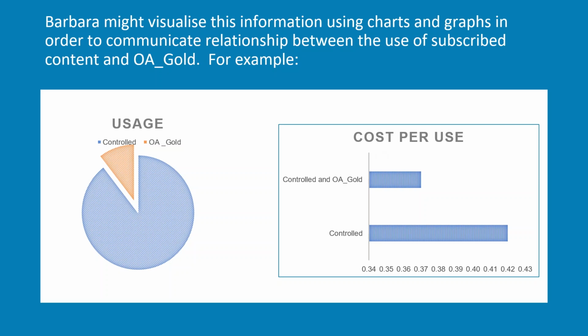Here, of course, we're talking about a journal, but it could be a collection of journals or the whole of a publisher's output. And again, a simple bar chart here. I'm sure many of you will have much nicer graphics you could bring to it to show the cost per use for the controlled only content and also for the open access content. So there are some very neat ways you could develop for your reports about usage.